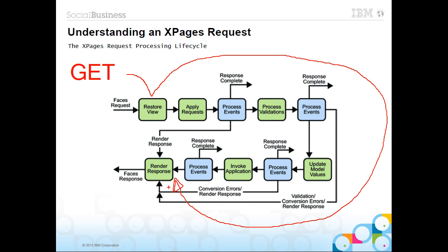During this phase, the XPages runtime will create a new component tree that corresponds with the associated XPage and persists that into the state management layer. The XPages runtime then executes the render response phase and asks each of the components within that component tree to render their corresponding HTML markup. Therefore, we get the response coming back to the requesting client browser.